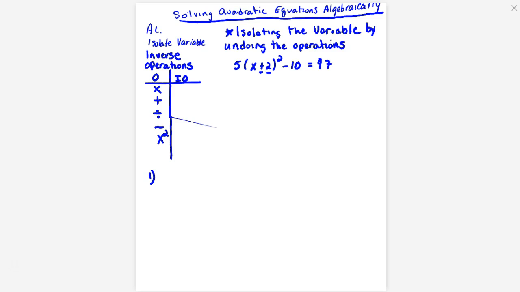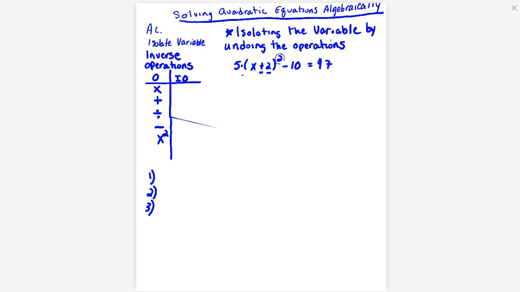And then the second thing that's happening is we are squaring that, okay? The third is we are multiplying by 5. This means multiply by 5.